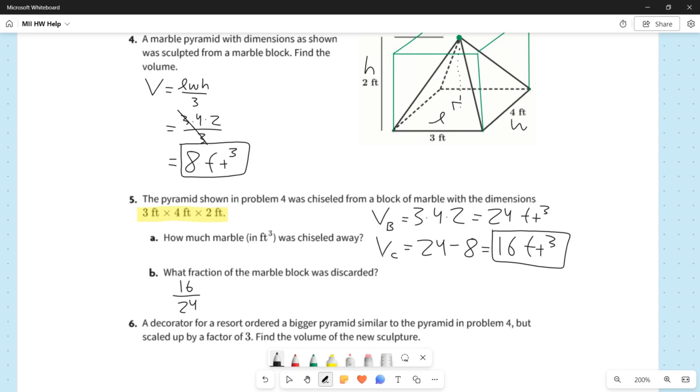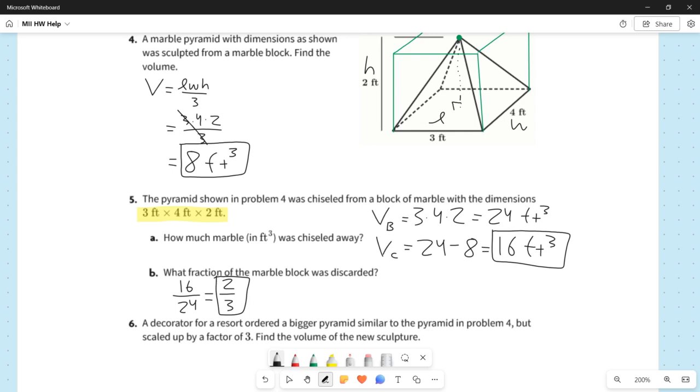If you type in 16 divided by 24 and hit enter, it'll reduce the fraction for you. If you don't have access to a calculator, in order to simplify this, we want to find the GCF of 16 and 24, which is 8. So 16 divided by 8 is 2, and 24 divided by 8 is 3. And so the fraction that was chiseled away was 2/3.